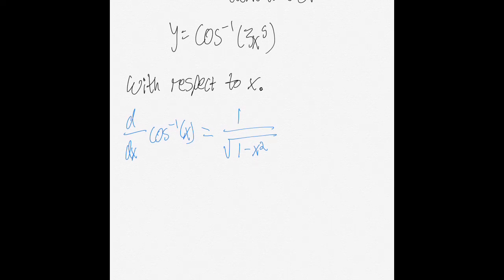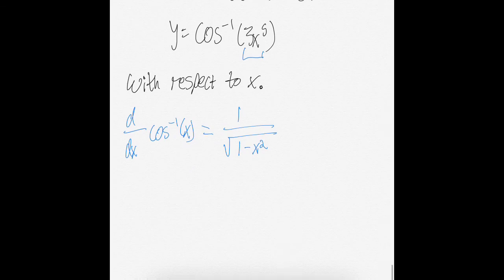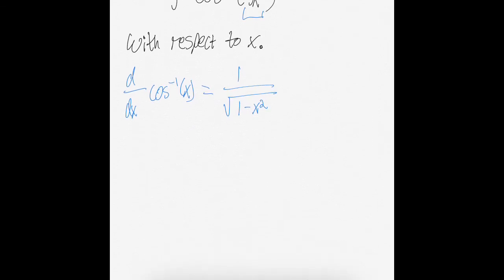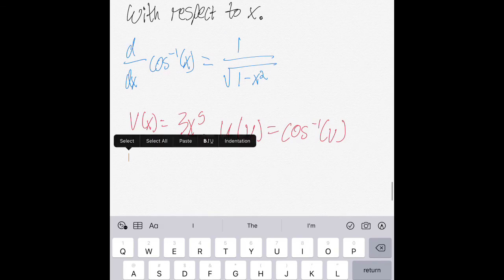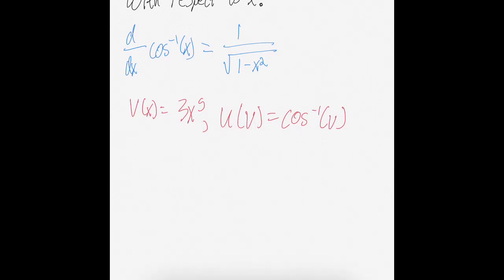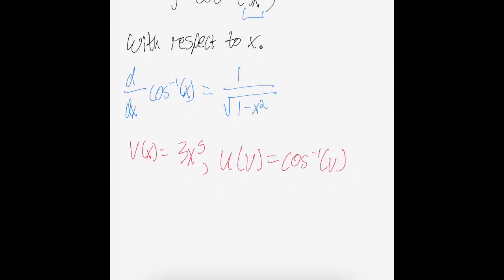Okay. So in this case, we again are going to have to use the chain rule, because inside of this arc cosine I've got this other function, 3x to the 5th. So what I'm going to do, just like before, is let v equal v of x equal 3x to the 5th, and let u of v be equal to cosine inverse of v.